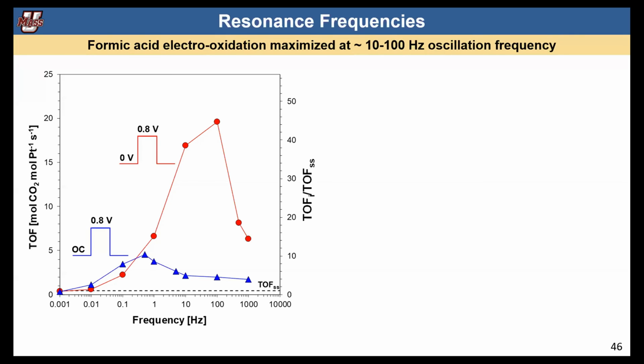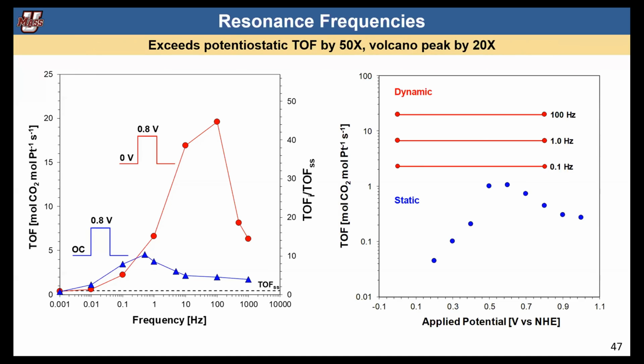And this is in line with what we'd expect from the theory of dynamic catalysis Paul was talking about earlier, where I was telling you in the first few slides that CO forms somewhere at about 10 seconds in, versus what the experimental measurements tell us from previous liquids. And putting this all together, we have not only exceeded the steady state rate, we're also able to exceed the steady state rate of the volcano peak here by about a factor of 20x by using 100 hertz oscillation between open circuit potential at 0 volts, where no reaction is happening, and 0.8 volts, where you're able to oxidize your CO off the surface.